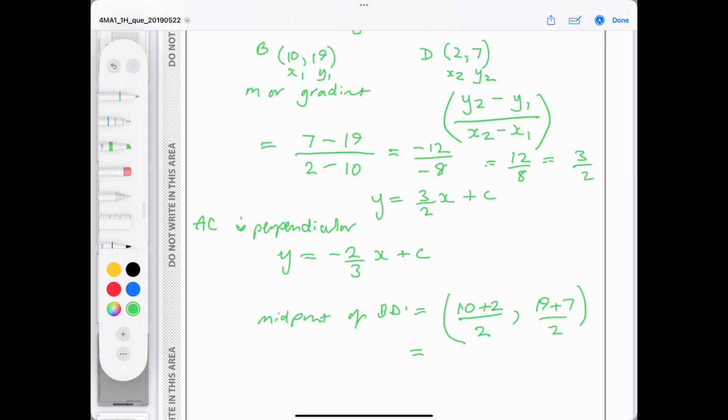So that would be 12 over 2 is 6, and 26 over 2 is 13. So we found the midpoint.